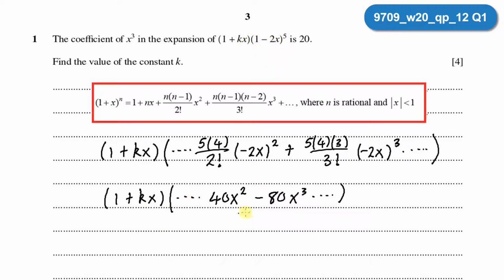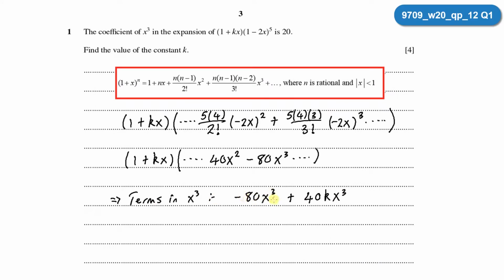So expanding, just looking for the terms in x cubed, we will have 1 multiplied by minus 80x cubed, and we get minus 80x cubed. So we're just saying here that for terms in x cubed, we will have minus 80x cubed, and kx will multiply 40x squared, and that will give us plus 40kx cubed.